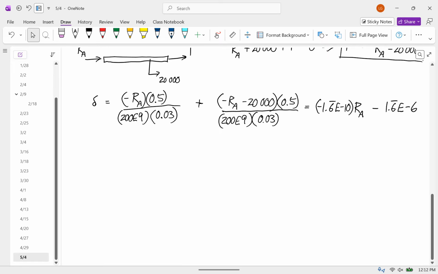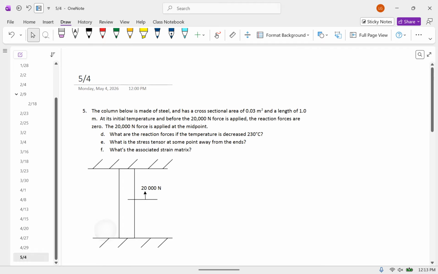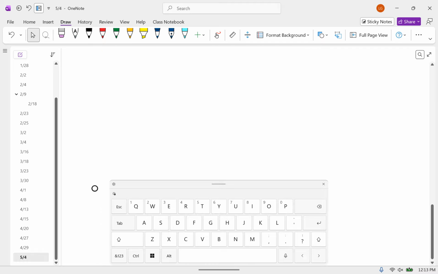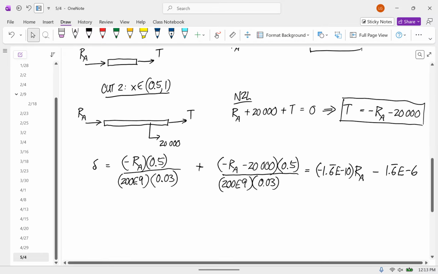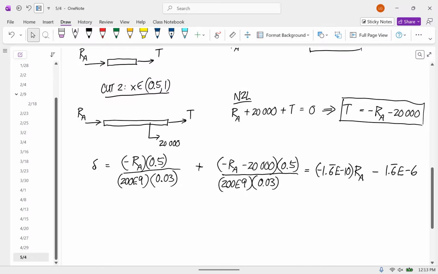And now we'll go to the thermal calculation. And I have to look up the coefficient of thermal expansion for steel. It's somewhere, I think, around 1 times 10 to the minus 5, but let's just look it up.